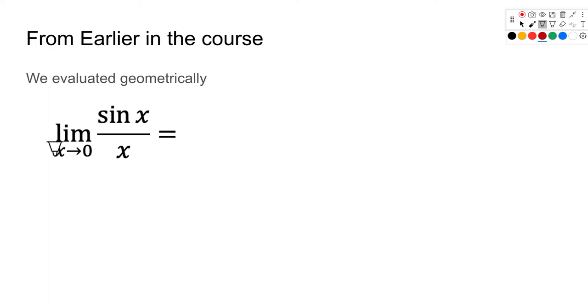Okay. So first, again, as x goes to 0, we test it. If I plug in 0 for x, well, what's the sine of 0? 0. So look at your unit circle, and so we do get 0 over 0. So now this is a case for L'Hopital's rule.